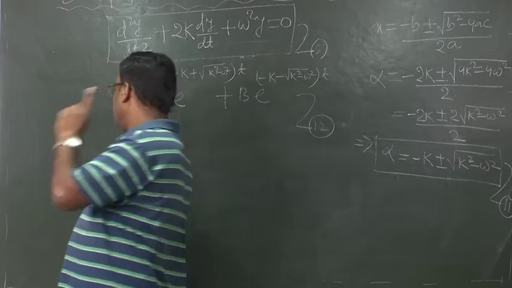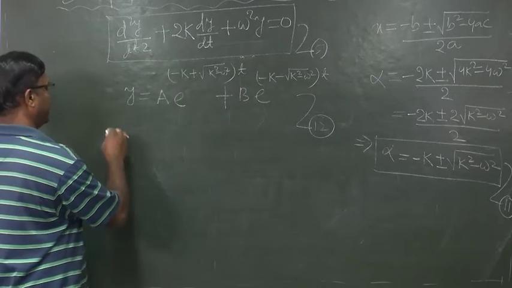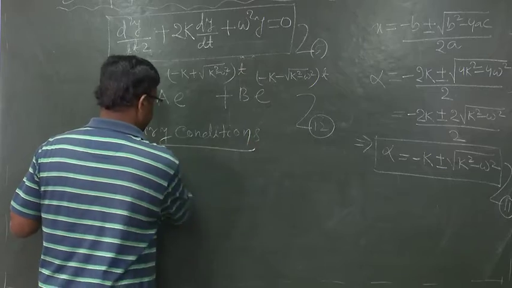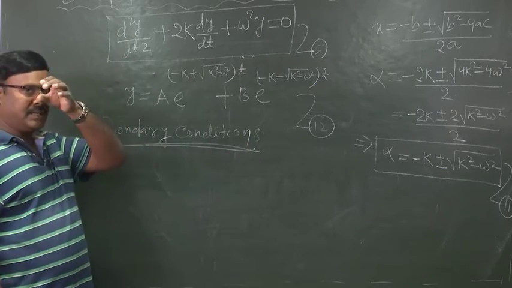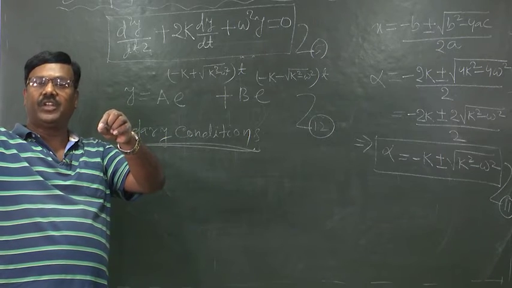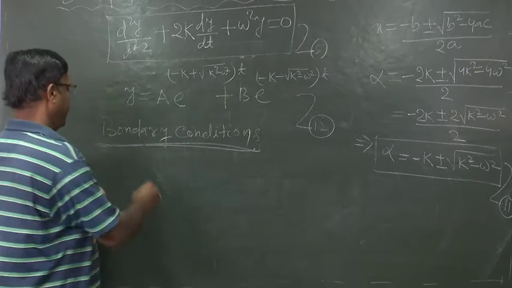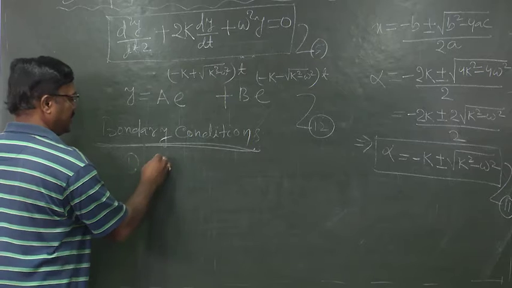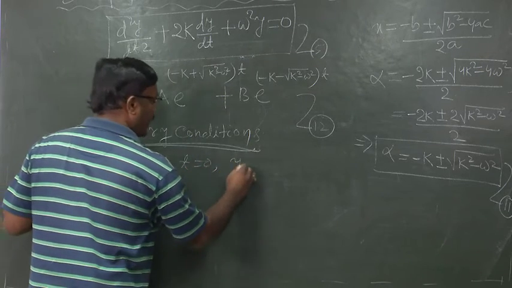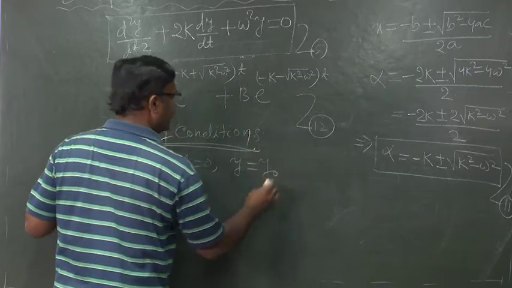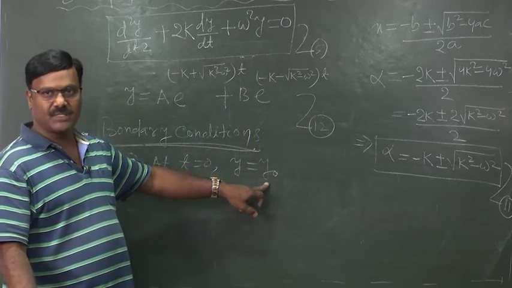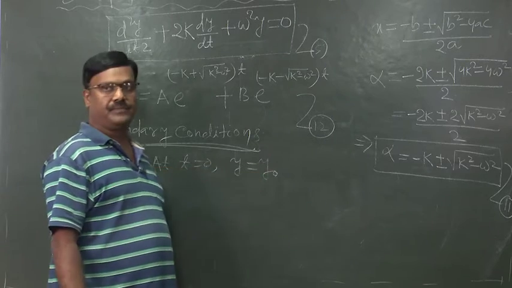So, from the boundary conditions we know that if we put the body to the extreme positions, then the first boundary condition is at t is equal to 0, y equal to y0, where y0 represents the maximum displacement or amplitude.